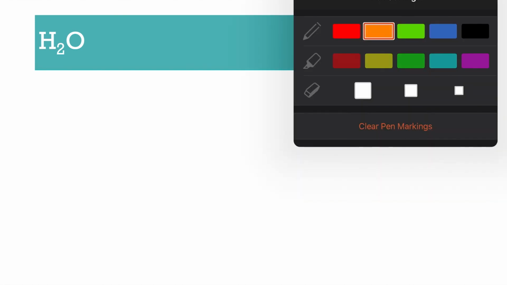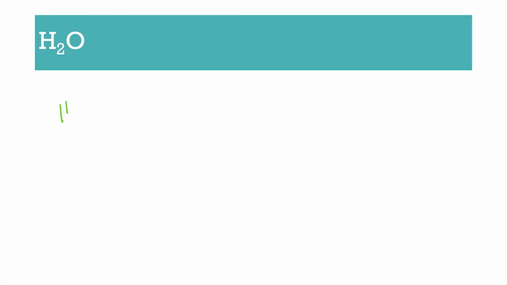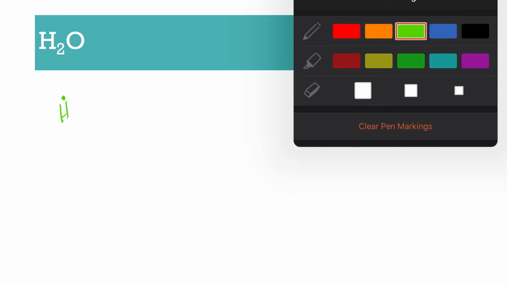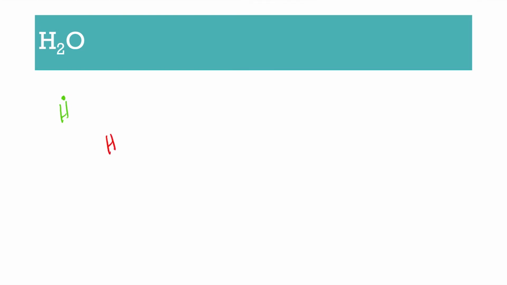Okay, so let's look at water. Here we have H, here we have another H, here we have O, and again, it is super important to draw your dots the right way. Water should look like a little Mickey Mouse compound. That's just a fact.